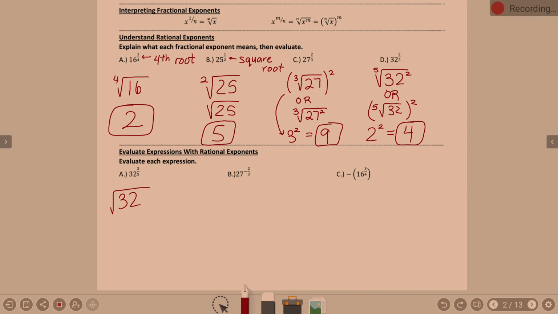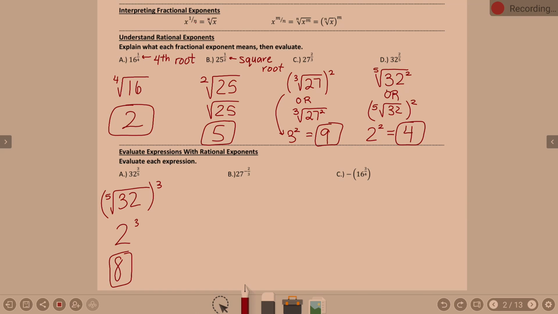The fifth root of 32 raised to the third power. Whether you put that third power is up to you. I'm going to tell you that this is how I'm usually going to think about it. Okay. What's the fifth root of 32? 2. What's 2 to the third? 8.